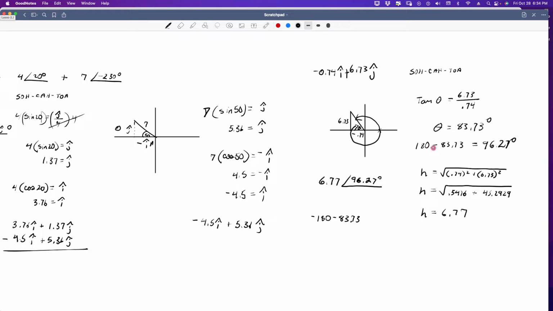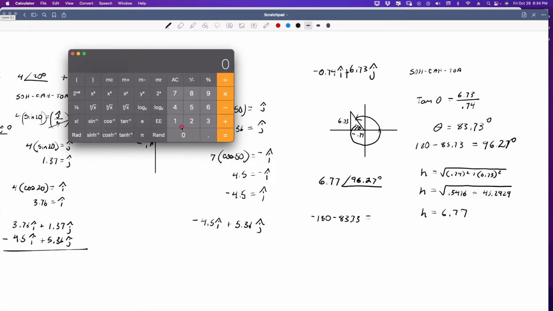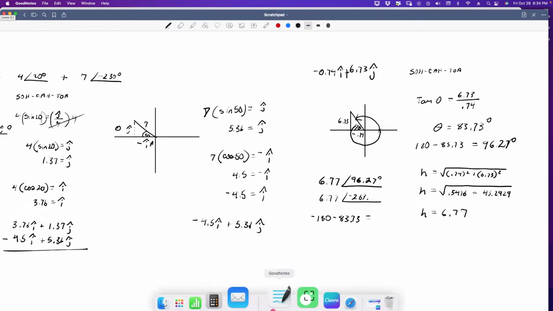So now we keep this, but we change this to a negative 180 to get the opposite, or the other way to say it. So negative 180 minus 83.73. So the other way to write that would be 6.77 and negative 263.73.